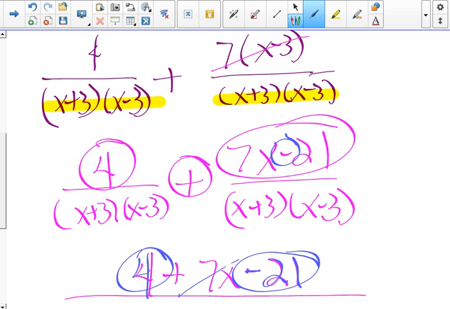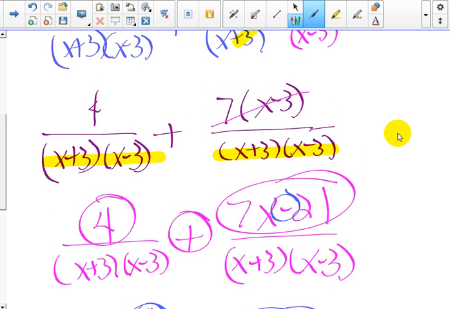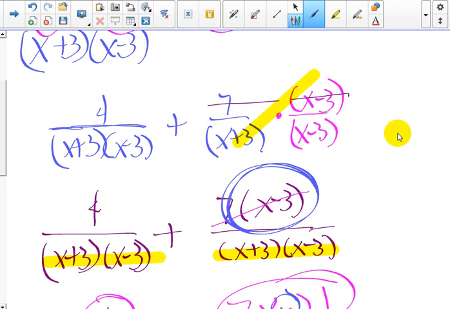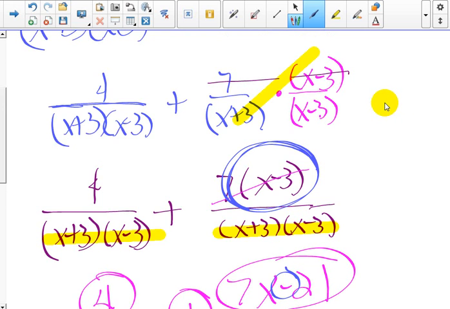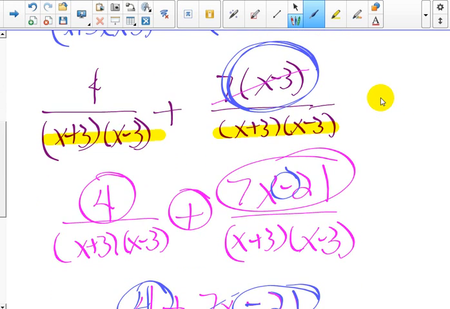If they had a plus sign here, they must have multiplied to begin with by x plus 3 instead of x minus 3. Do you see that? So if they made that a plus instead of a minus, you would have had 21 plus 4.